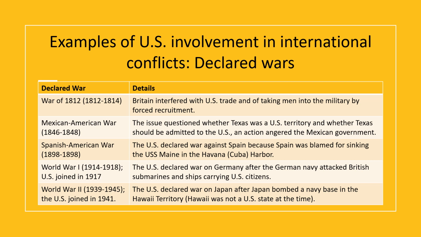So the United States joined World War II on December 8th, the day after what we call Pearl Harbor Day in 1941, and about 2 years, almost to the day, after World War II started, when Germany invaded Poland.